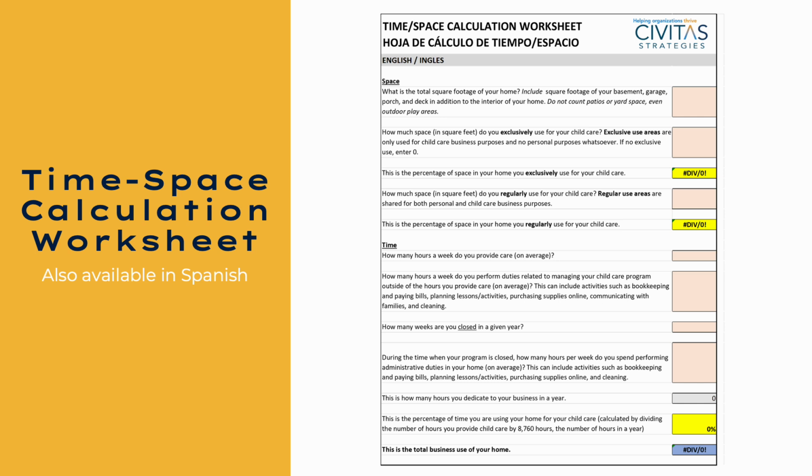You can also use this helpful worksheet to calculate your time-space percentage. When using your time-space calculation for tax purposes, you are encouraged to review the IRS instructions for Form 8829, Expenses for Business Use of Your Home, or consult with your professional tax preparer.